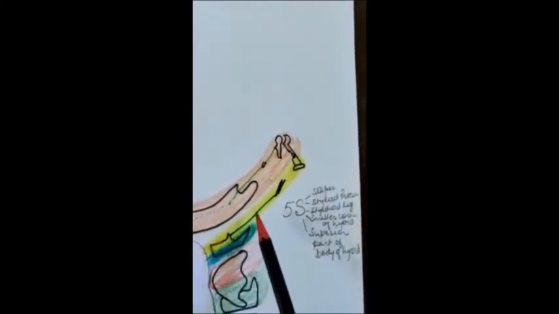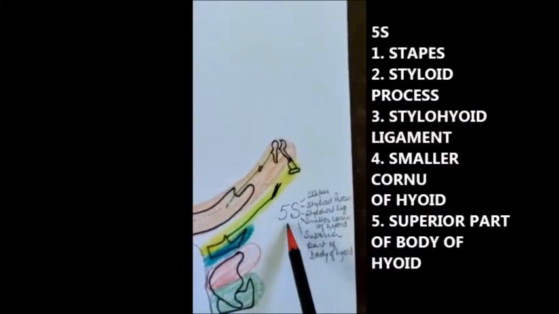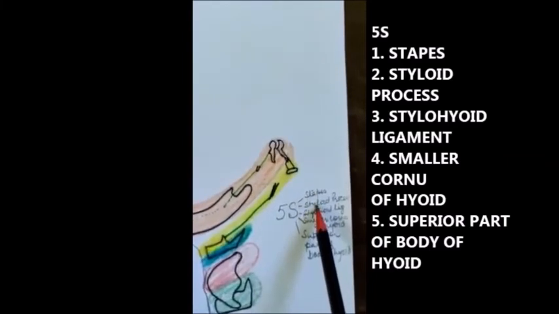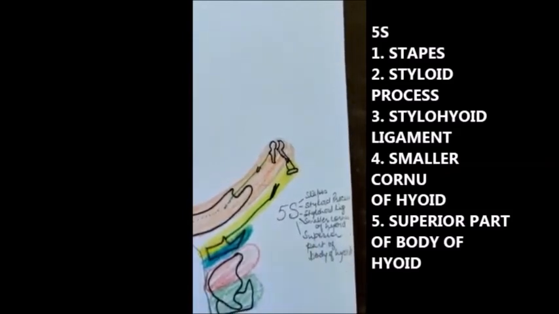So basically it is 5 S's which are developing from the second arch, which is also called hyoid arch, and the cartilage here is Reichert's cartilage, and these 5 S's are stapes, styloid process, stylohyoid ligament, smaller cornu of hyoid, superior part of the body of the hyoid.